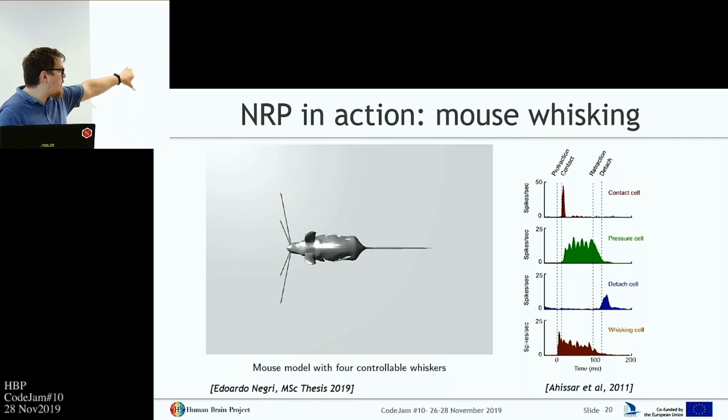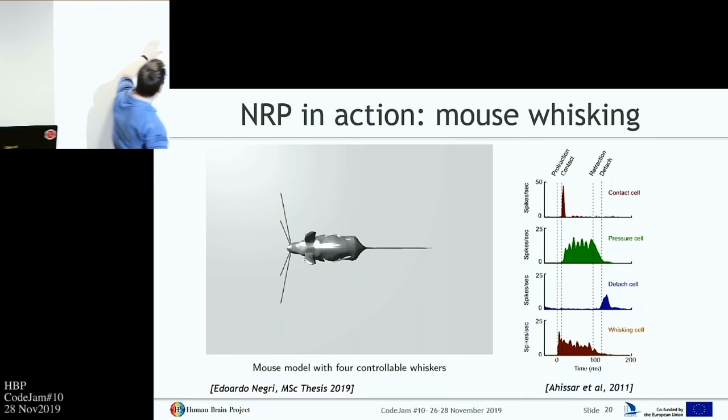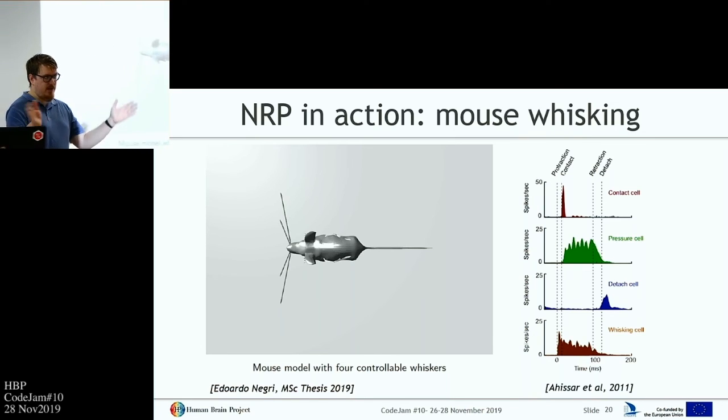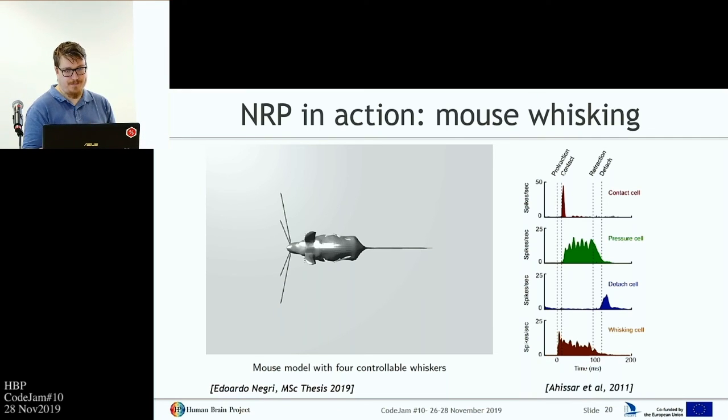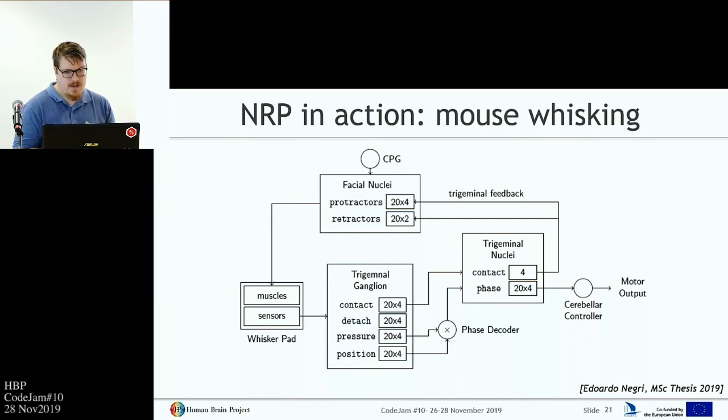We started from the mouse robot model in the NRP, but the model didn't have controllable whiskers. So he added these 4 rigid bodies at the snout of the mouse, and he also embedded all the whisking system for the mouse.